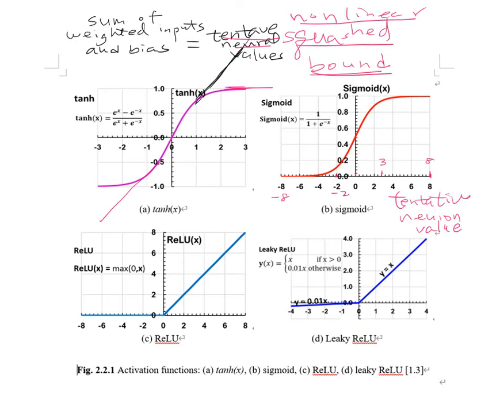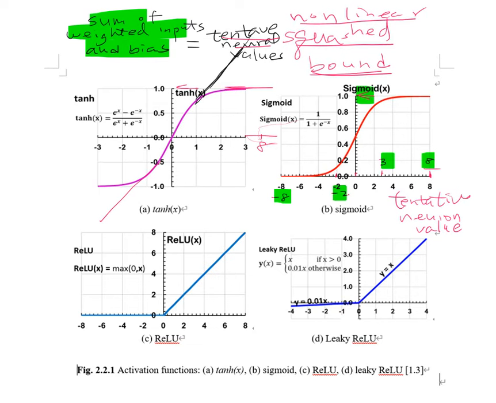Now let's take a look at the activated value for a given x-axis. Let's assume that we have 8, 3, -2, and -8 as tentative neuron values, or the sum of weighted input and bias, weighted by the weights, of course. If you have 8, that value will be 1 on both sigmoid and tanh, even if you have 8 here.